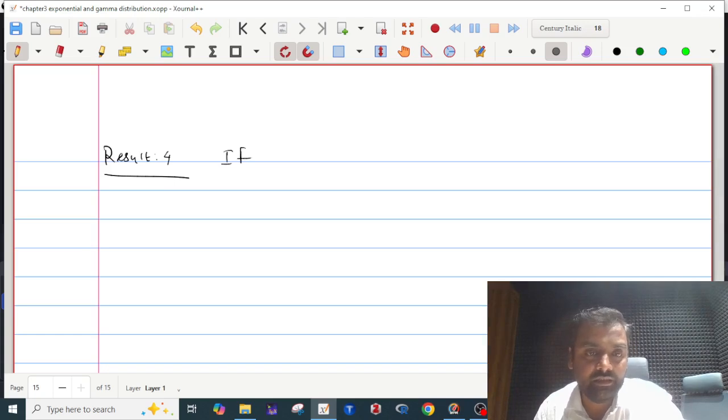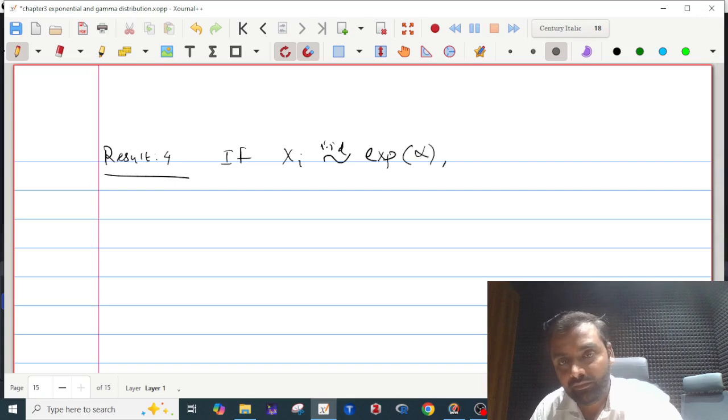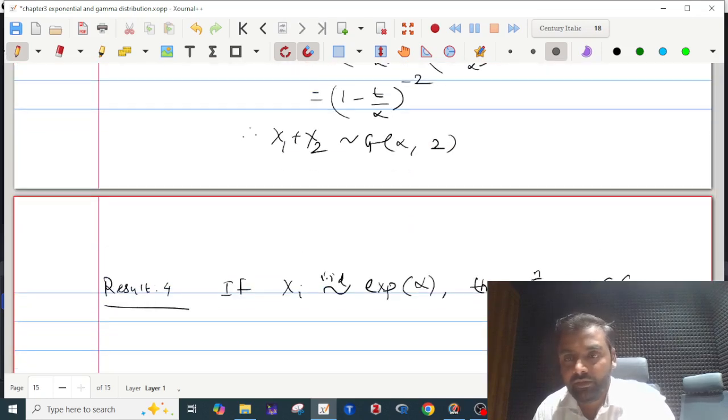Can generalize it. Xi follows IID exponential distribution with parameter, then summation xi, i equals 1 to n, follows gamma distribution with parameter alpha comma.